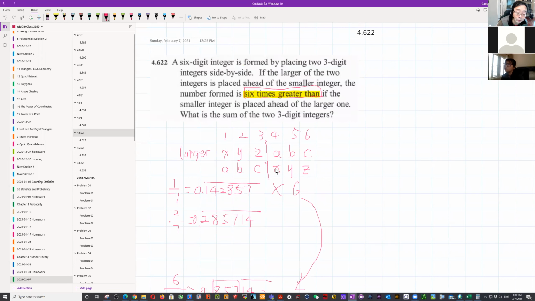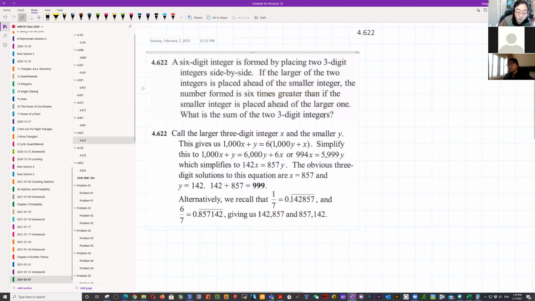But you can also solve this problem by doing algebra, which is a little bit more challenging. Let's see, if you want to do the algebra, the larger number is 1000x plus y.